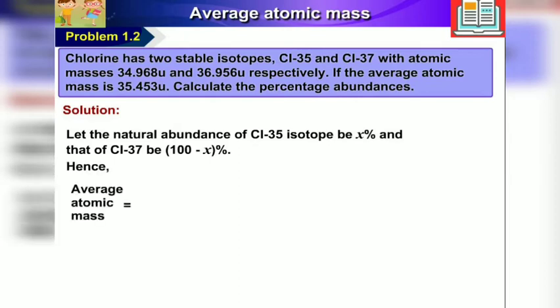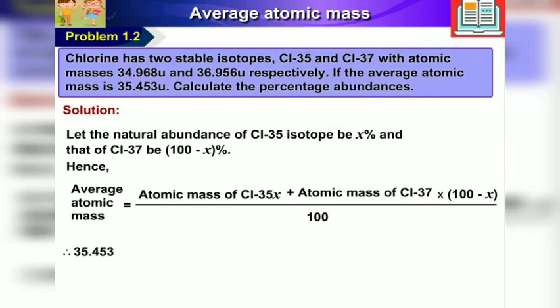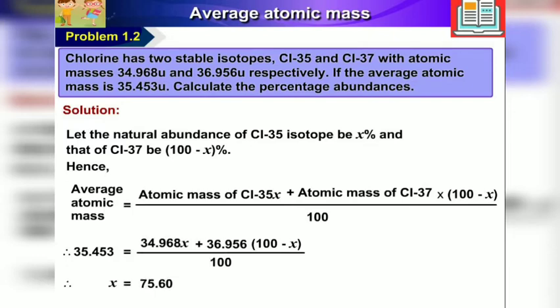Hence, average atomic mass is equal to atomic mass of Cl35 times X, plus atomic mass of Cl37 multiplied by 100 minus X, upon 100. 35.453 is equal to 34.968 X plus 36.956 multiplied by 100 minus X, upon 100. X is equal to 75.60.